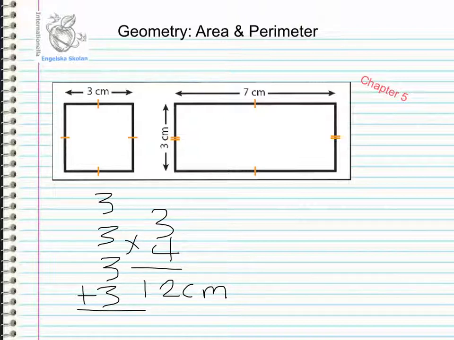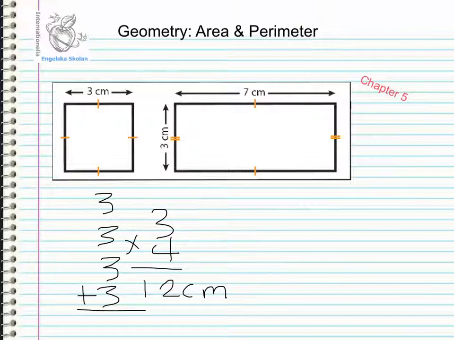It's really important that we use a measurement with our answer because the answer is a complete measurement. So 3 centimeters plus 3 centimeters plus 3 centimeters plus 3 centimeters equals 12 centimeters.